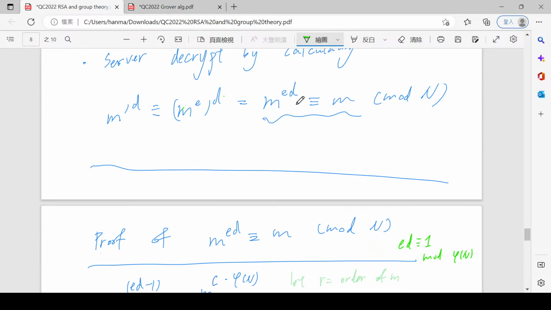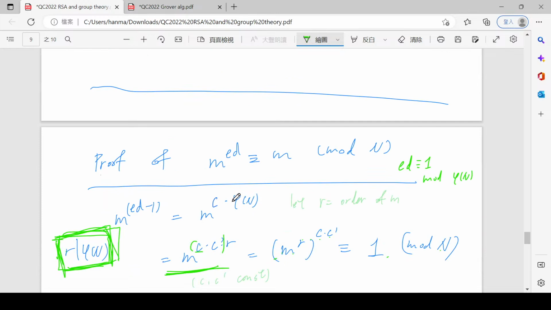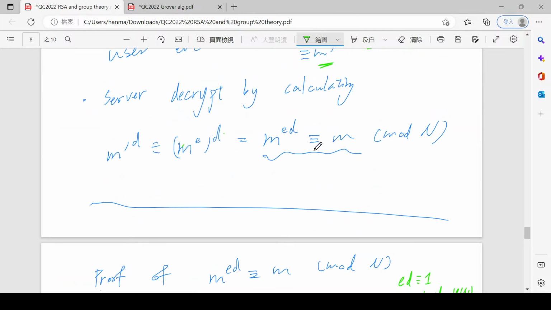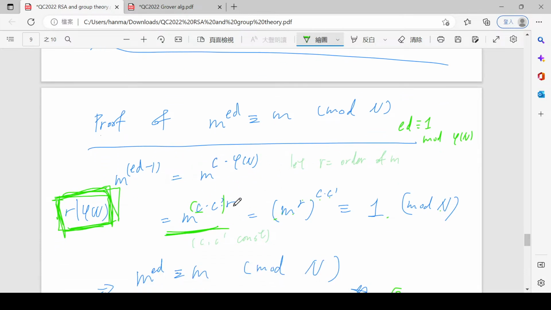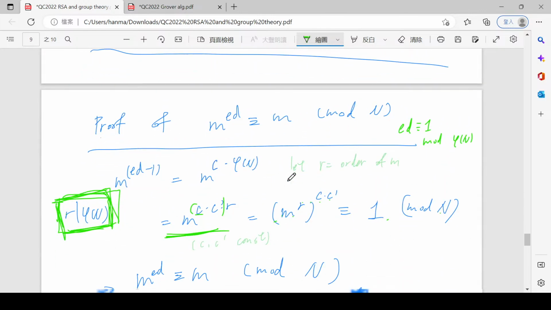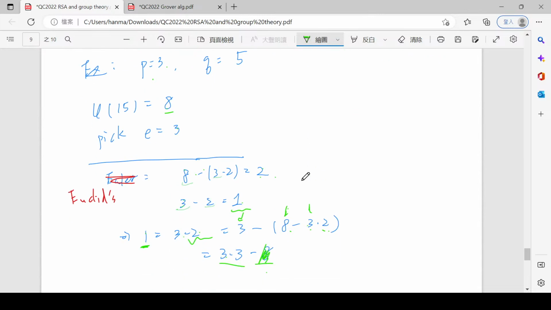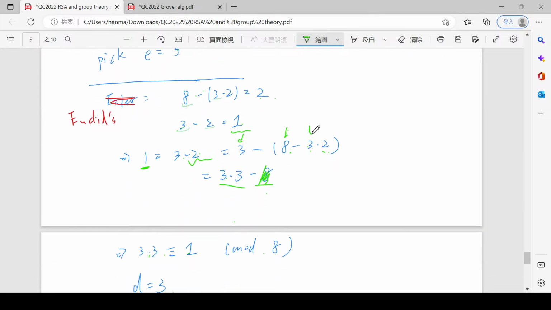So we know that m to the ED is m times m to some constant multiple of phi n, and that constant multiple of phi n is another constant multiple of R, and m to the R is equal to 1 mod n, so this thing is just 1 mod n. Okay? So that's the basics of RSA decryption.